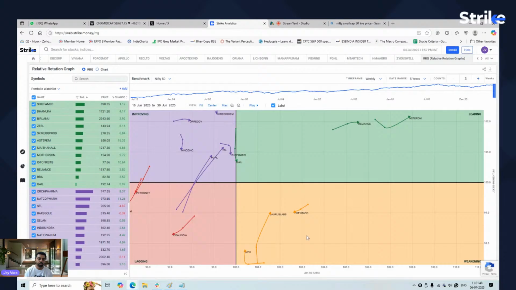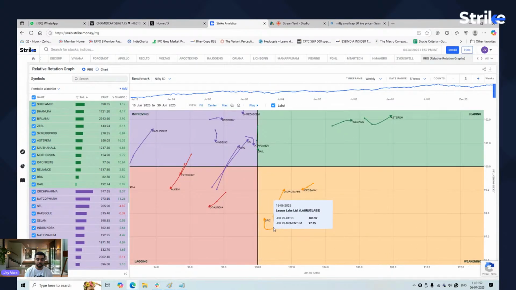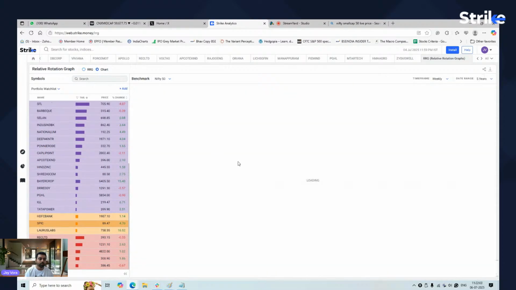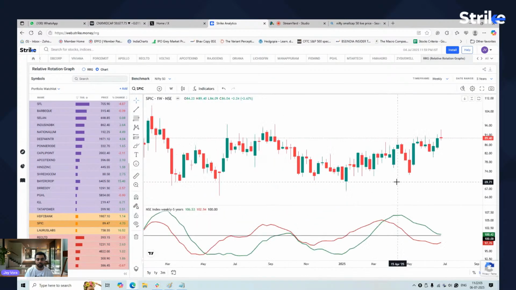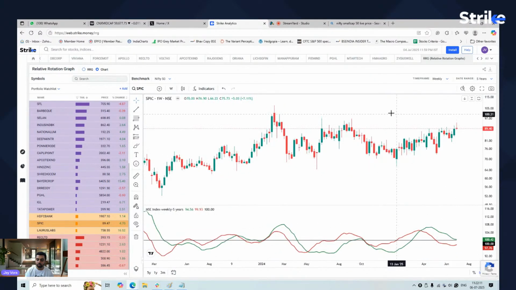Okay, and supposedly if I want to do something, maybe now see, I can see that SPIC is sort of turning around, right? So I might want to then see the chart, what is happening. Okay, I can see that now the momentum has bottomed out over here and it is turning around.